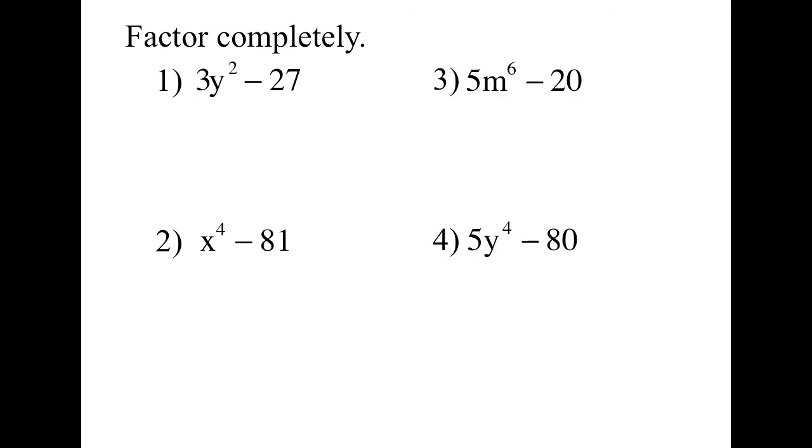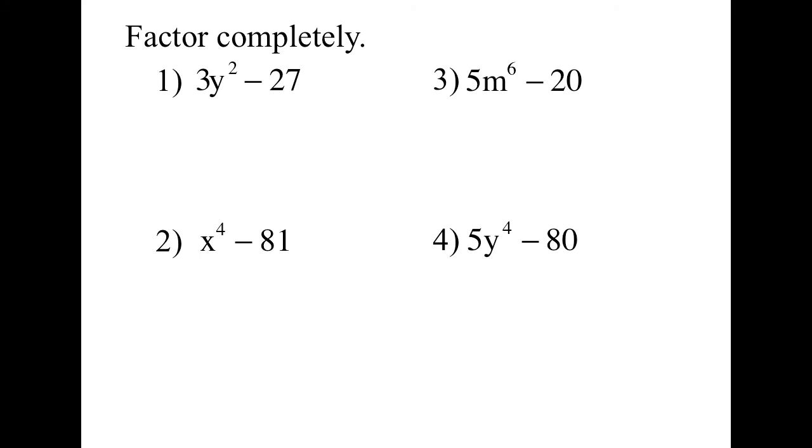Now, let's practice number 1 through 4. I'll do the first one with you, and you guys can continue. So on number 1, I'm going to factor out, remember we always start with the GCF. Number 1 mistake that algebra students make. Start with your GCF.